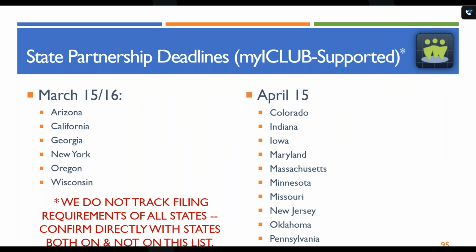As Doug mentioned, in the same way that we don't want to see clubs filing at 8:59 the day before the taxes are due, we strongly suggest that even for states like Colorado, Maryland, Massachusetts that might technically be due April 15th, you don't wait around. If you've filed the federal already, you might as well go ahead and file the state as soon as you know the federal has been accepted.